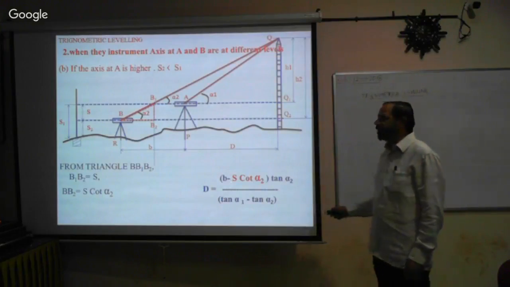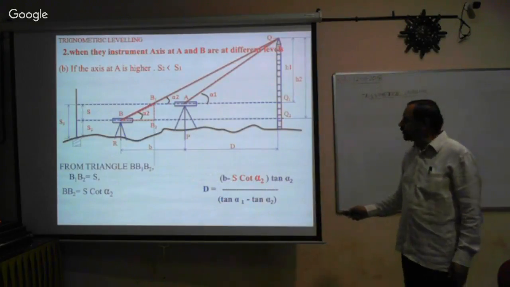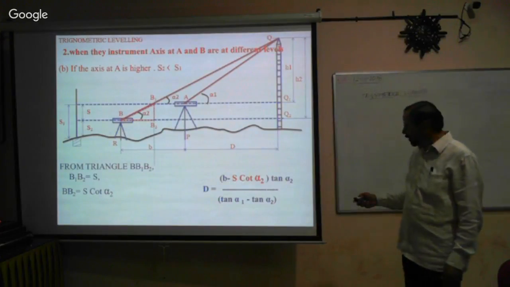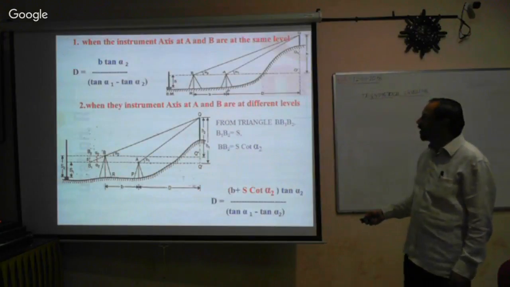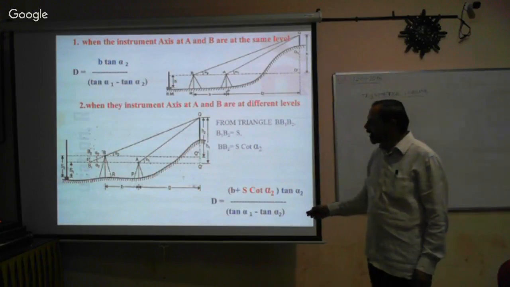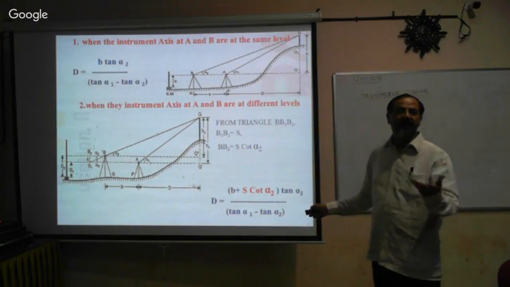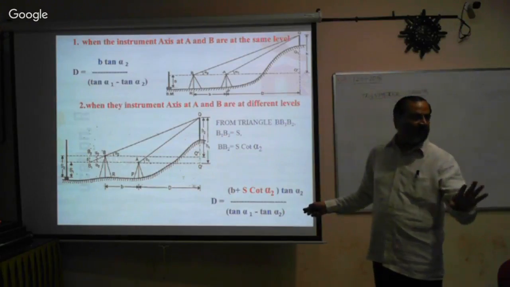Now that is what we have written here. Here B gets reduced. Suppose in the previous case B is increased by S cot alpha 2. Our problem is solved.